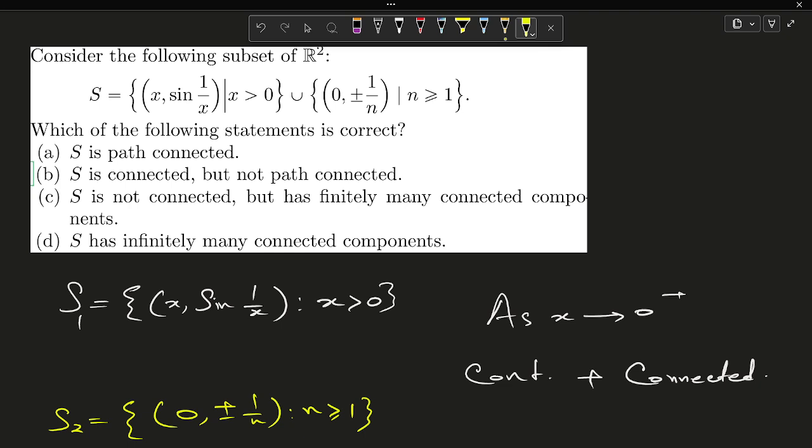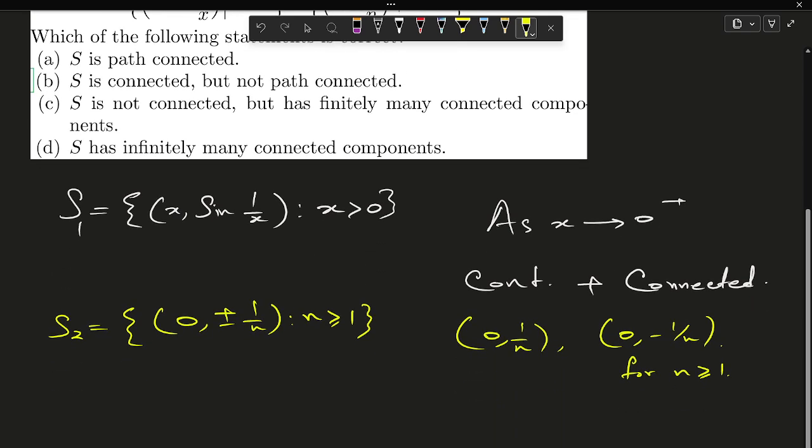This part consists of isolated points along the y-axis, specifically at (0, 1 by n) and at (0, minus 1 by n), for n greater than or equal to 1. So these points are discrete, meaning there are no paths connecting them to each other or to the curve, which is this (x, sine 1 by x). Sorry.